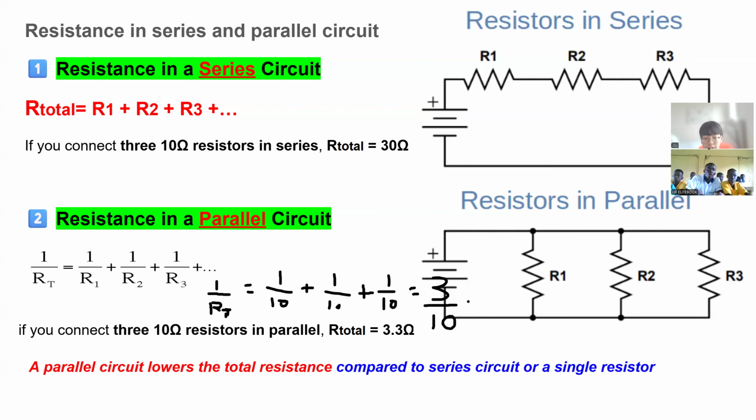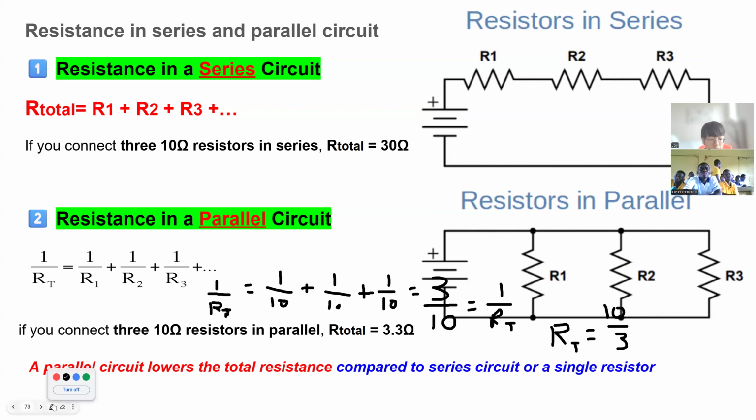But 3 over 10 is equal to 1 over R total. If you have this, then R total would be equal to 10 over 3.